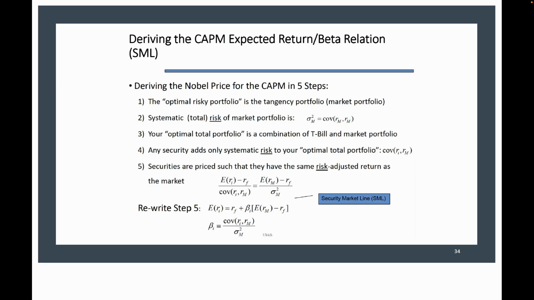So I call it now beta systematic risk. We can call covariance systematic risk, and beta is also called systematic risk. So to be more precise, beta is like the normalized systematic risk, because we are normalizing by the market's risk. But in industry, people just say beta is systematic risk.